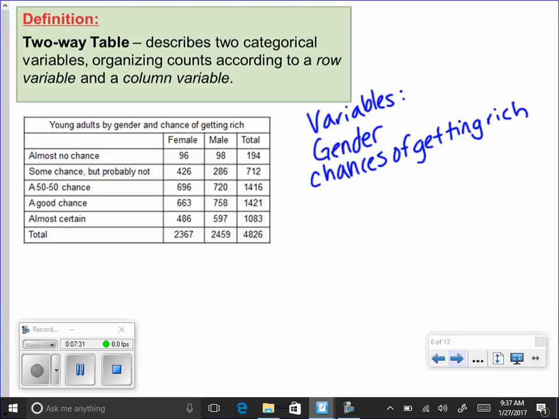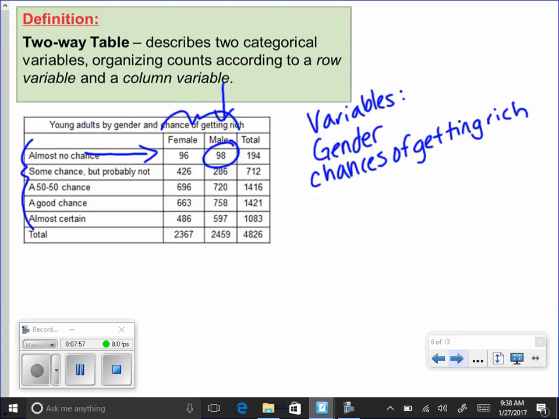So one variable is listed on the side here, and one variable is listed on the top here. And that's how we get a two-way table. Now, if I asked you how many males answered there was almost no chance of them getting rich, you would go to the male column and look for the almost no chance, and where they intersect is the number.